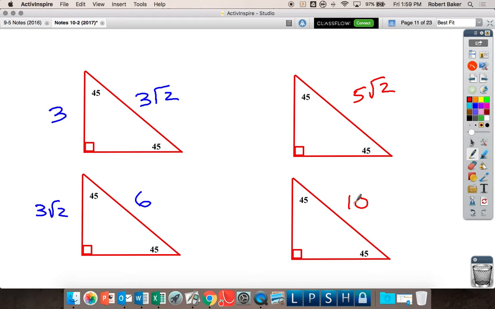How do you get from a hypotenuse to a leg? Divide by the square root of 2. So if there's a radical here, there should be a whole number here. What falls off? Square root of 2 falls off. So 5 square roots of 2 divided by the square root of 2 is 5. Okay? If you have a whole number here, you should expect to see a radical on this side.